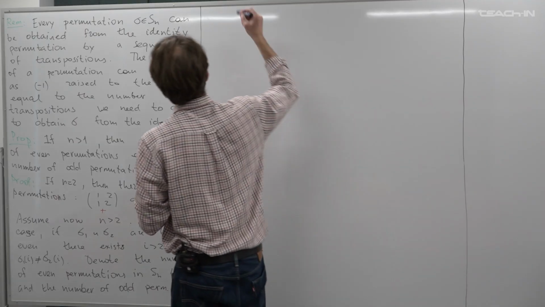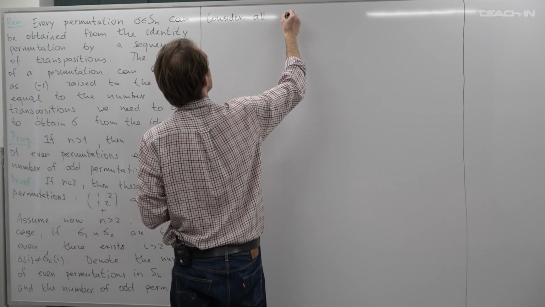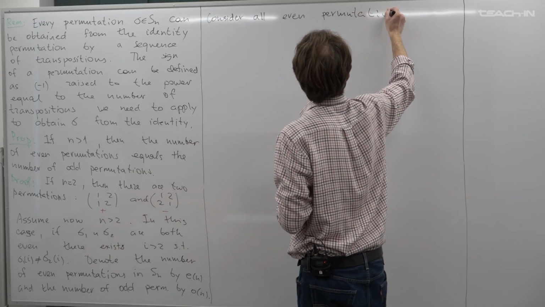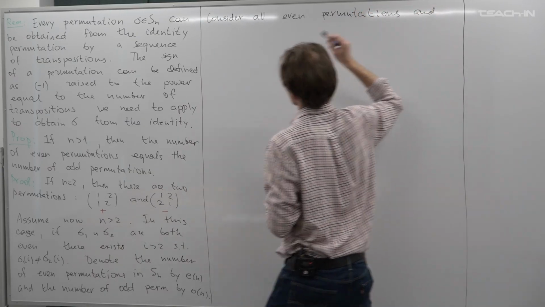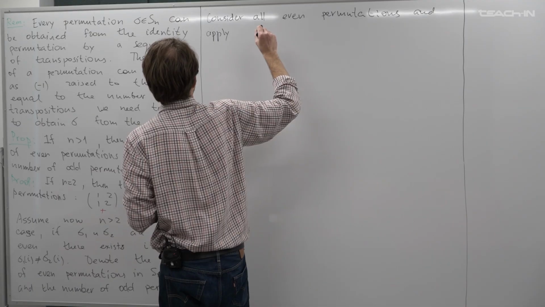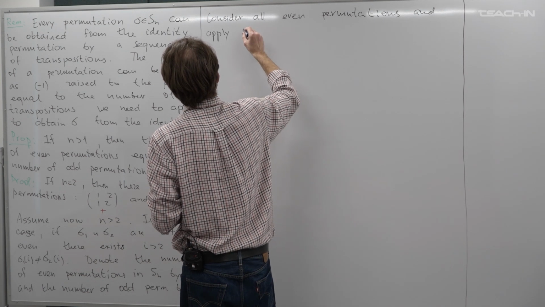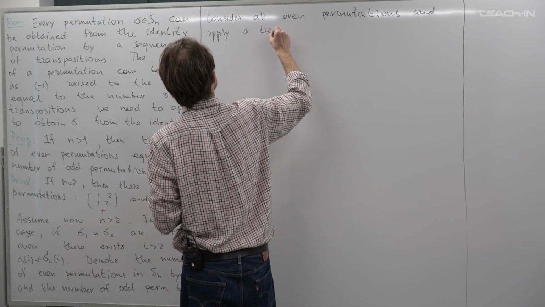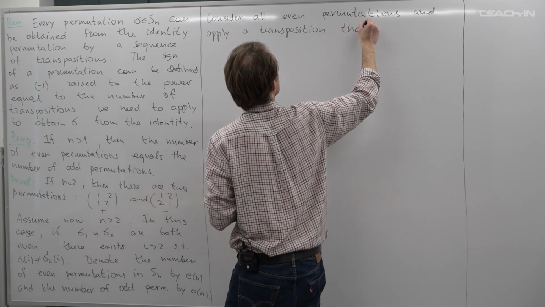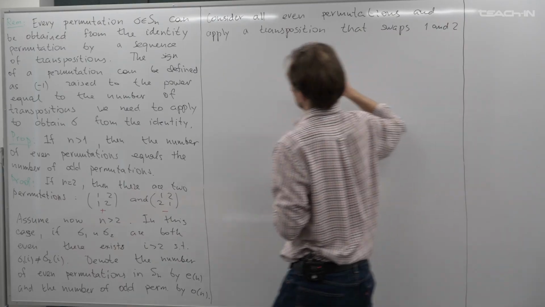So consider all even permutations and apply a transposition that swaps 1 and 2 to all of them.